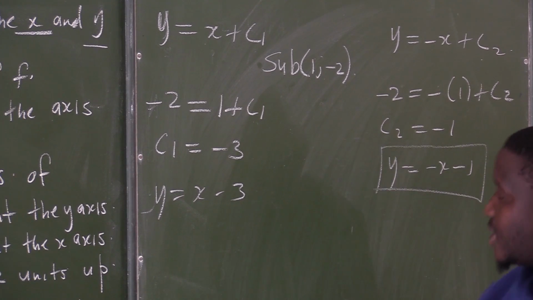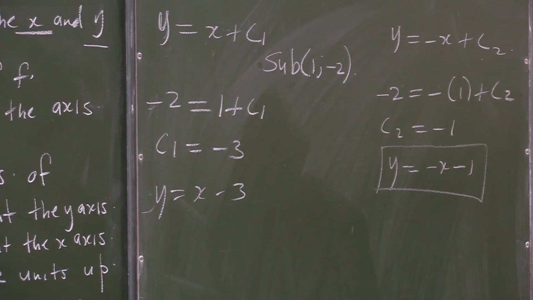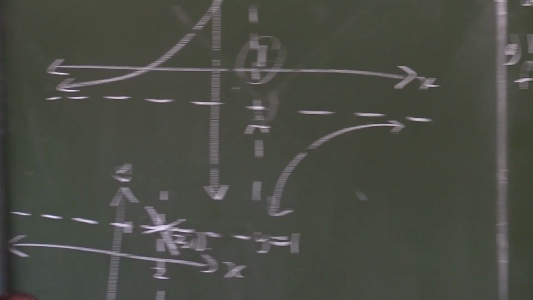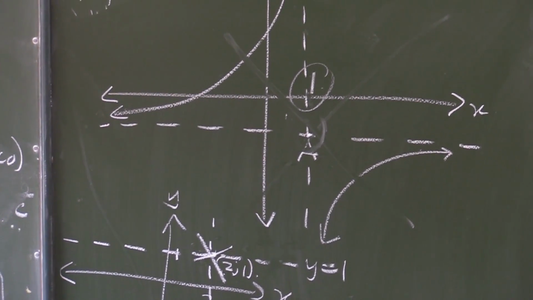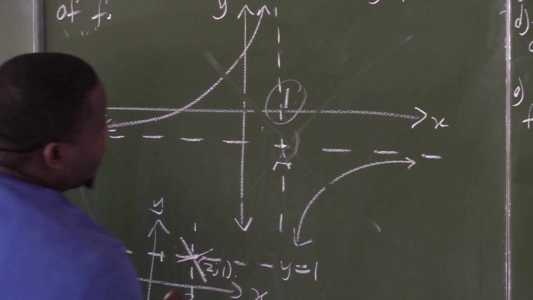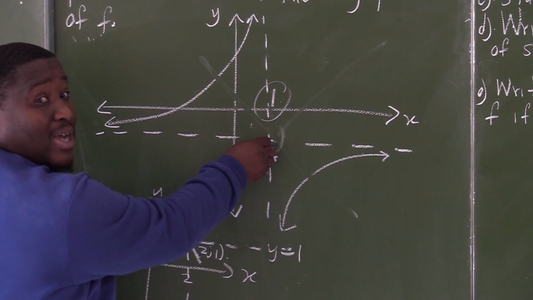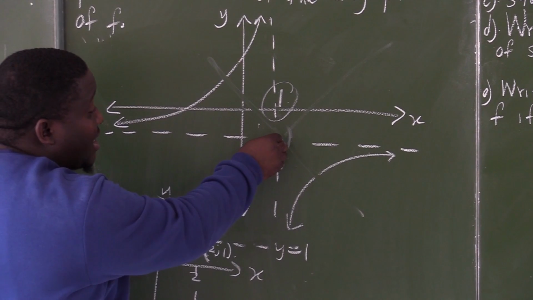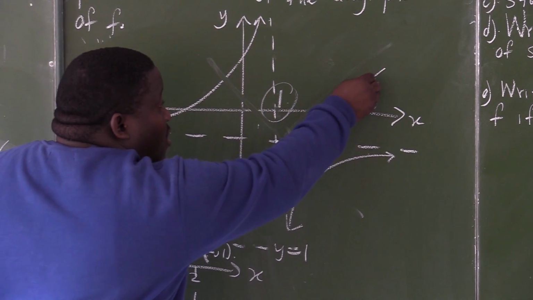Now, my lines of symmetry. Let's start with this one. This is a straight line that has a positive gradient with a y-intercept of negative 3. It means I can draw this line, as long as you make sure that when you draw this axis of symmetry, the one that is increasing, it will be a straight line.